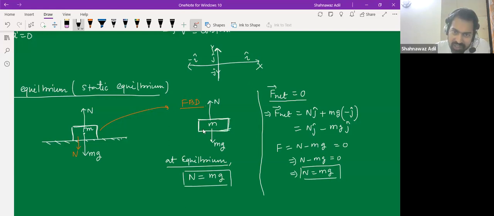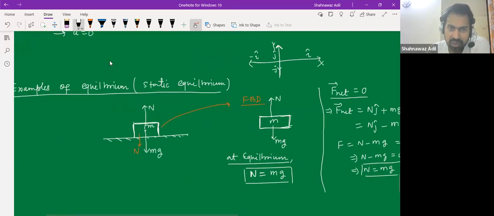In this picture, this is the upward force, this is the downward force, and at equilibrium, both the upward and downward force will be equal, right? That is what we mean by equilibrium. So the normal reaction at equilibrium would be equal to mg, which will keep this block at this position. Is this part clear to you guys?